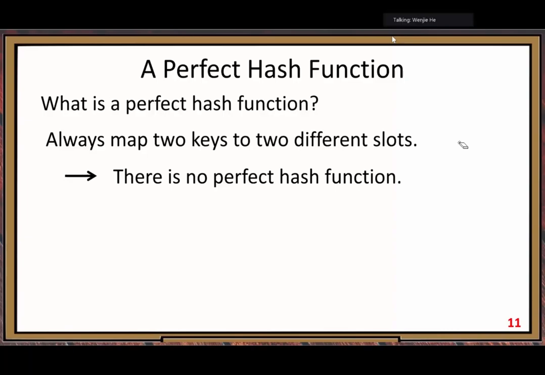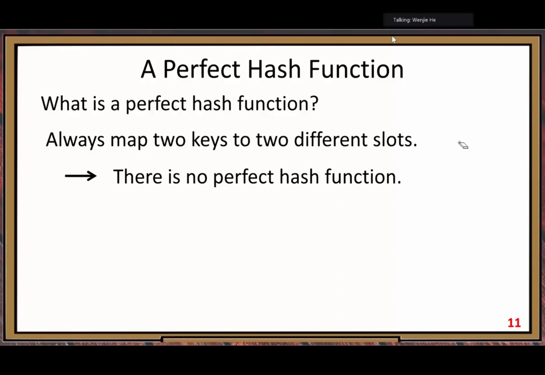No matter how you design your hash function, you can never get a perfect one. Sooner or later, you will encounter the situation that two keys could be mapped into the same slot. So the collision problem cannot be eliminated.